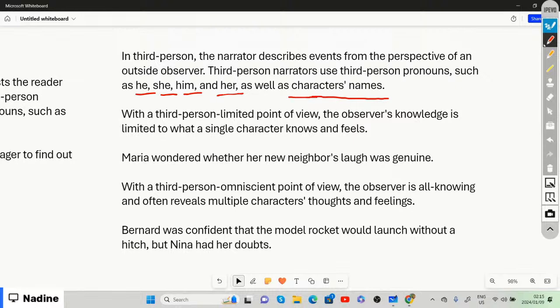So we say third person, the narrator describes events from the perspective of an outside observer. And they use the third person pronouns such as he, she, him, and her. Second person uses the pronouns such as you and your. And first person uses the pronouns such as I and me, we or us.